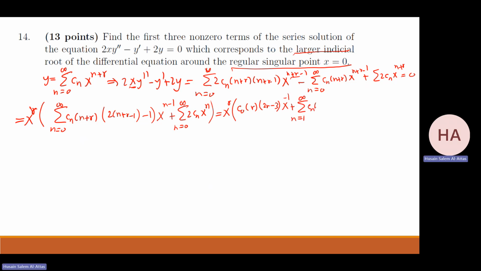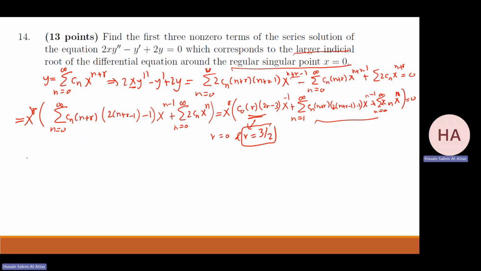Let me write, squeeze it here. (n plus r)(2(n plus r minus 1) minus 1) x to the power n minus 1. This is starting from 0. Don't forget the 2 x to the power n. That equals 0. So from here, I'm getting the indicial roots r equals 0 and r equals 3 over 2. What do you want? You want the larger. So I'll take this. Now I'll continue with this one.